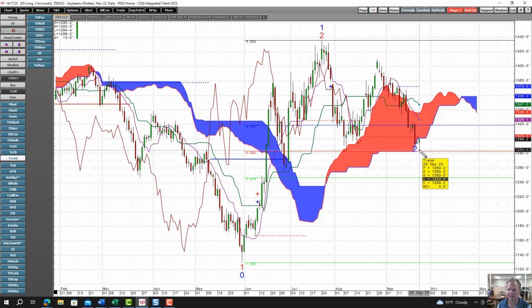Today's action is confirming it, but what's interesting is that today's action took place in relationship to this low back here on August 8th. So if we want to count waves, okay, and you count this as a 1, then you have an A, you have a B, and you have a C, which would be a counter trend move.